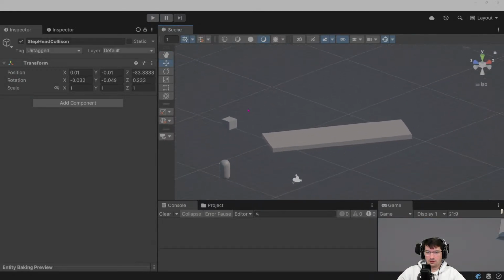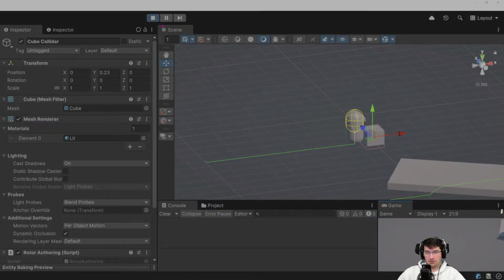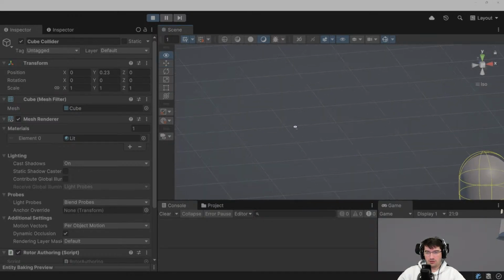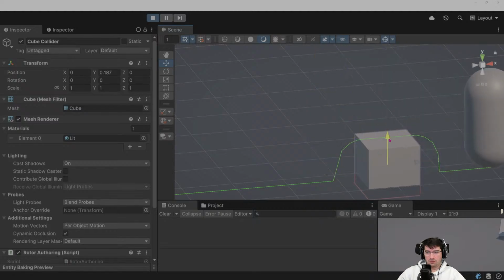So there is the edge case here. If I put you just a little bit lower again, you are not stepped. Why? How low do you need to go?